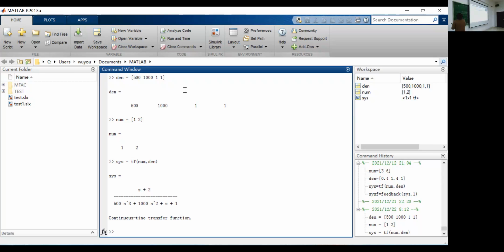And then what code should be used? Here's a new code. Previously we called it TF, right? This time we need ZPK. Easy. ZPK means this transfer function is in the form of zeros, poles, and gain. So ZPK should be Z, P, and K.